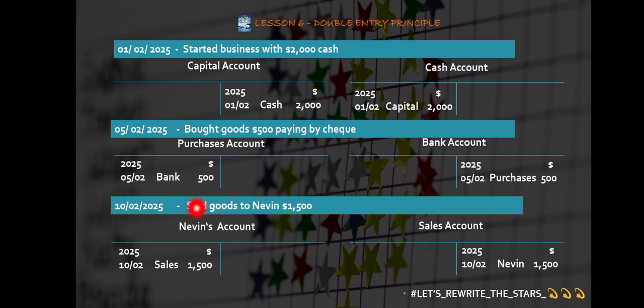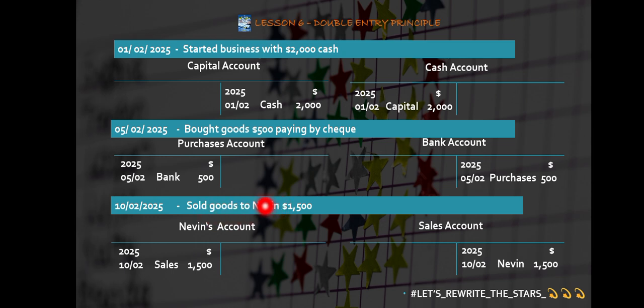Why are we saying we have the sales account? Here too, we didn't indicate the actual thing we were selling. If the item had been indicated, we would record it in that item's account. But because the items were not indicated and were just referred to as goods, we are going to write the sales account.